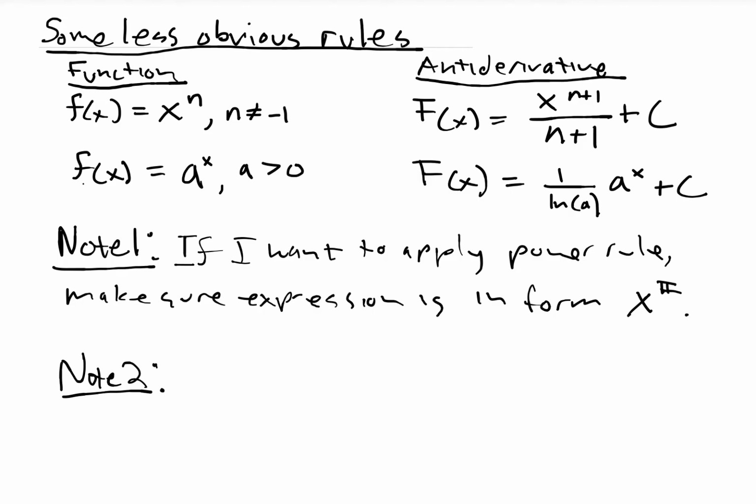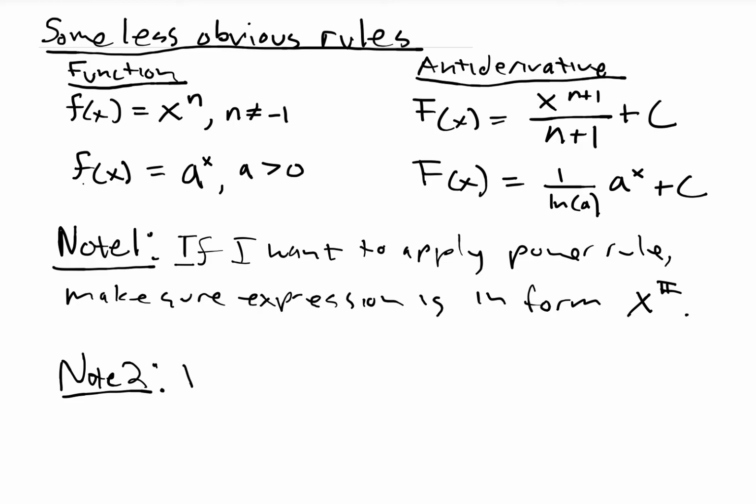So I'll draw a parallel between here and when we were working with derivative rules. There's all sorts of derivatives that we can take using power rule, like roots and 1 over x to a power. To apply the derivative power rule, we needed to write it in this form. Well, it shouldn't be so crazy to expect that if I am seeing something that undoes one of those rules, it might have to kind of play a similar game. So if you're looking to apply antiderivative power rule, make sure your expression's of the right form.